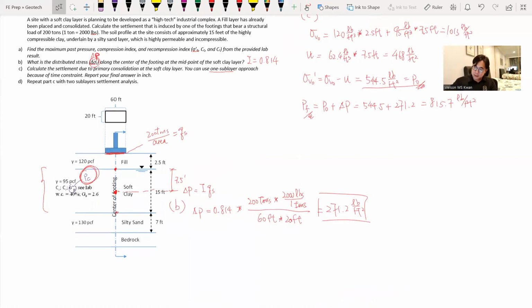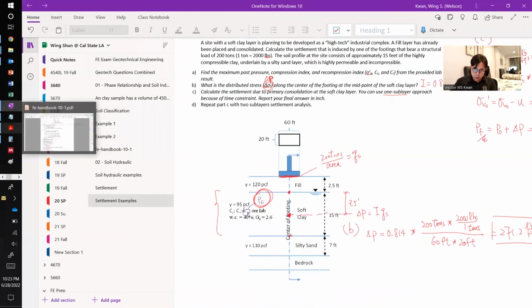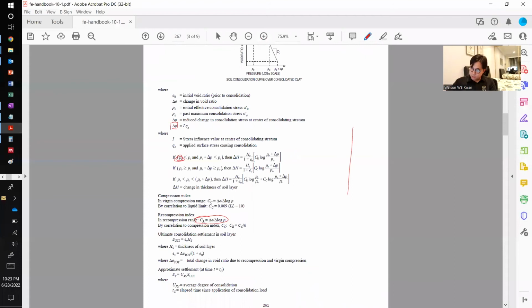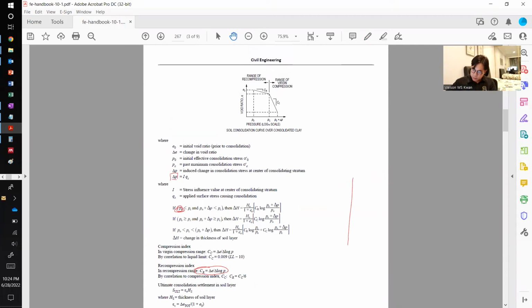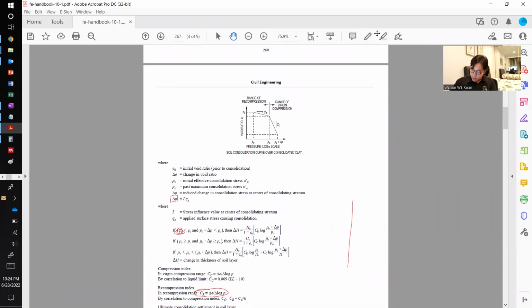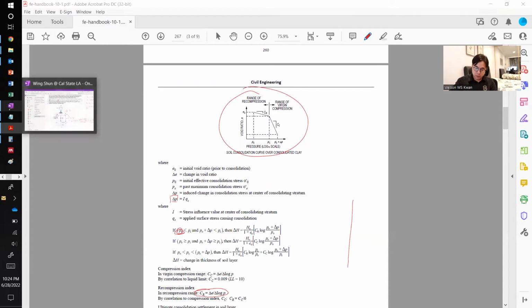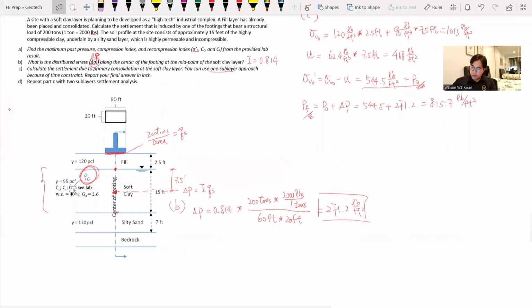And in settlement analysis, it's always good to recall this picture in the manual. This picture is very important. You always compare your initial stress and final stress with the maximum past pressure, P sub C. So in this case, we can construct our consolidation curve.